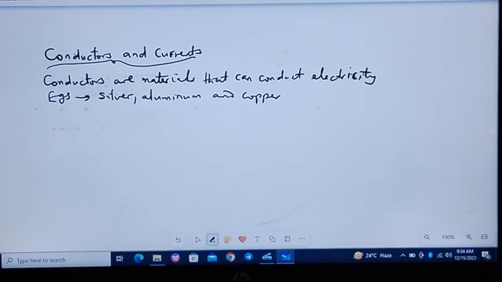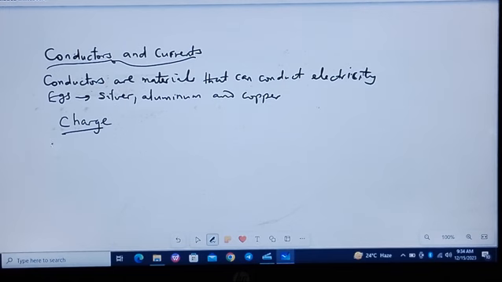Now, before we talk about current, we're going to look at a concept called charge. What is charge?